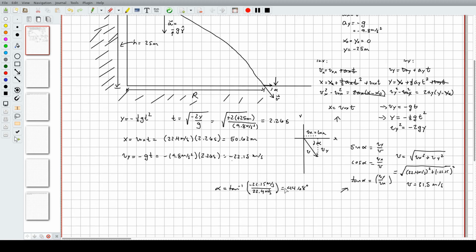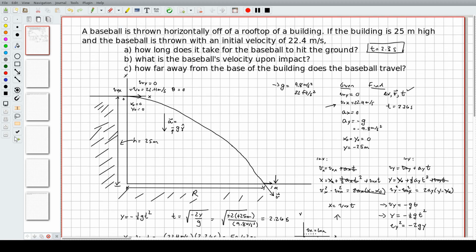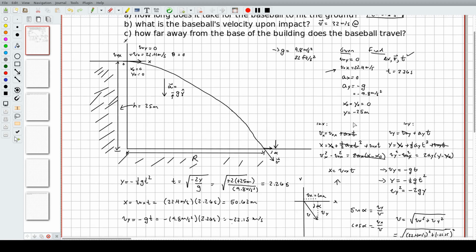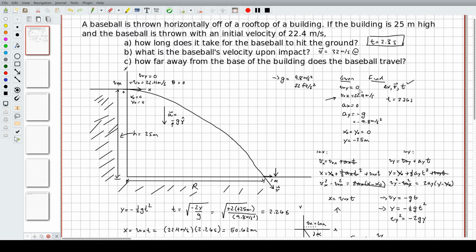Here, that's a minus, by the way. I see it is 31.5 meters per second. That rounds to 32 meters per second, making an angle of, after rounding to 2, 45 degrees below the x-axis.